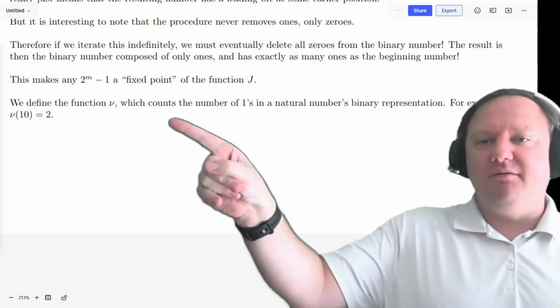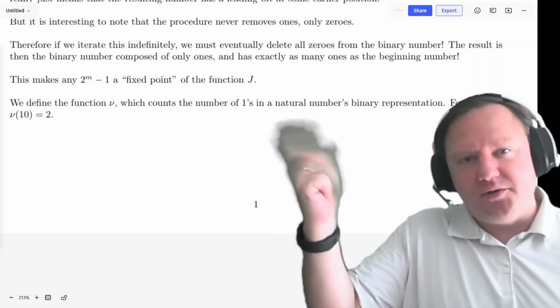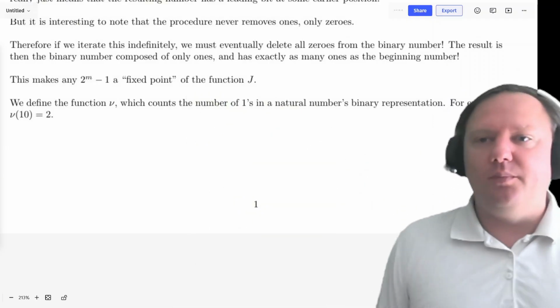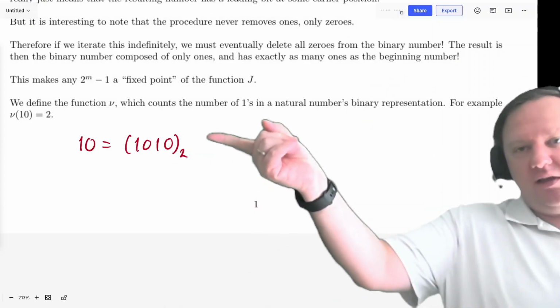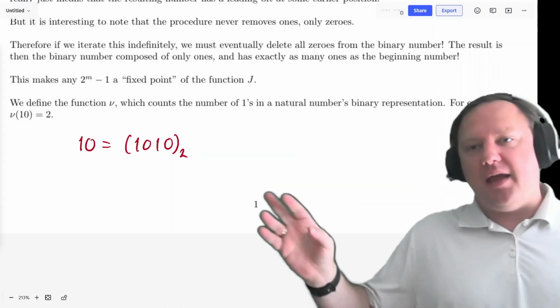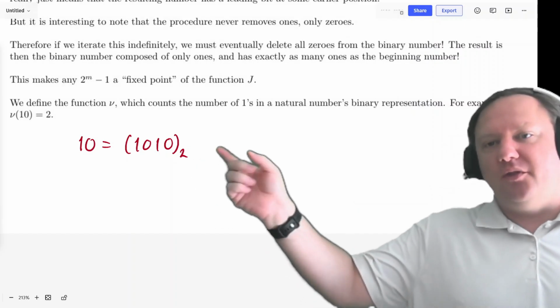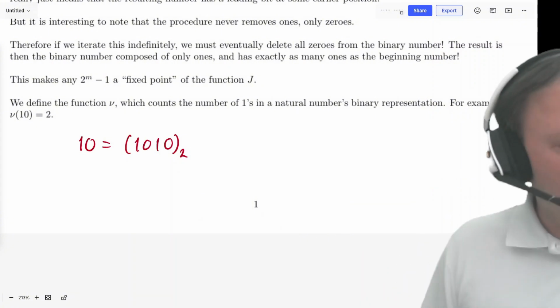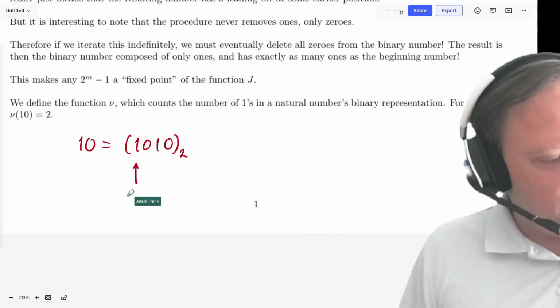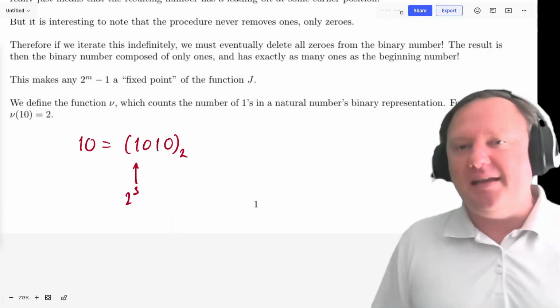But here I'll just give a quick demo showing a different number for variety's sake, and so we'll compute nu of 10. I claim that 10 when written in binary is equal to 1010, and that is because the largest power of 2 that fits inside of 10 is 2 to the 3, so I'm putting this 1 in the 2 to the 3 position. That gets us 8.